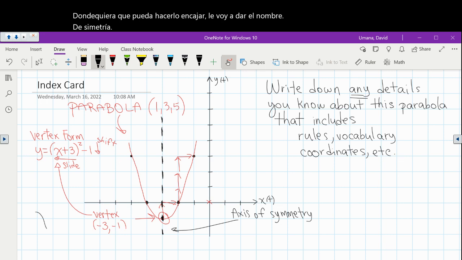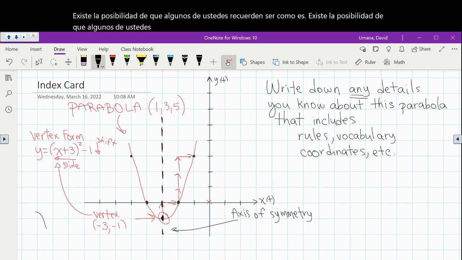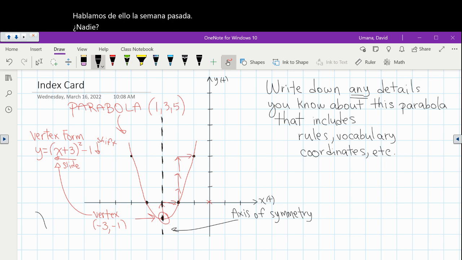Now, there's a possibility that some of you, memory being how it is, may remember something about an equation for axis of symmetry. We talked about it last week. Anybody? I heard negative.